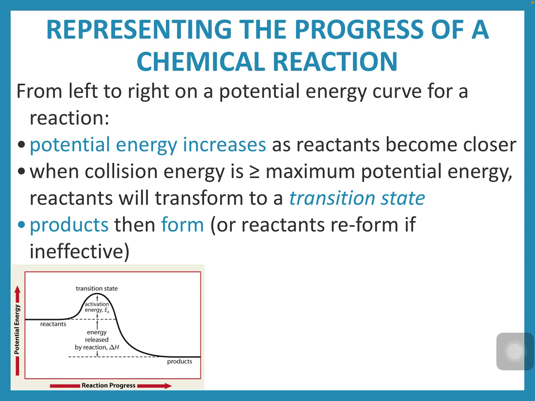If we take a look here, we have talked before in energy about the energy involved in reactants and the energy involved in products, and we looked at the difference between those two, which was the delta H. The additional part we're going to look at is that not all collisions will result in products being formed. This shows the activation energy.